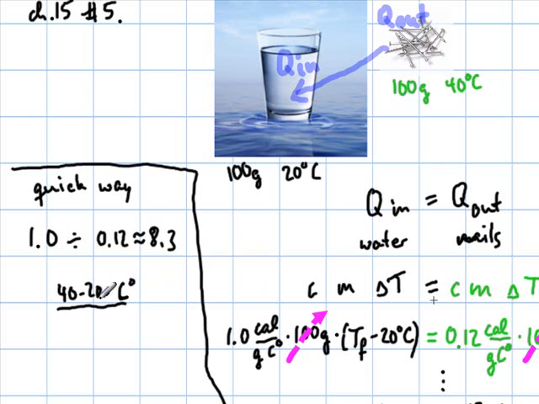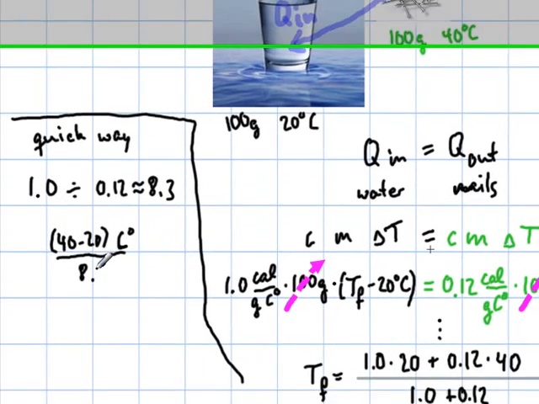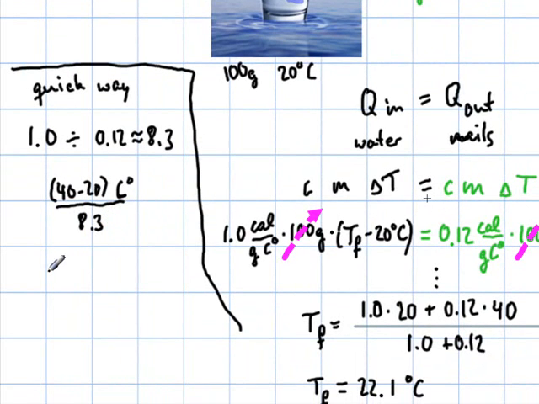So Celsius degrees, and divide that by that ratio that I just computed, and you will see that you come up with 2.4 Celsius degrees, and I add that to the original temperature of the water, and I come up with 22.4 degrees Celsius.